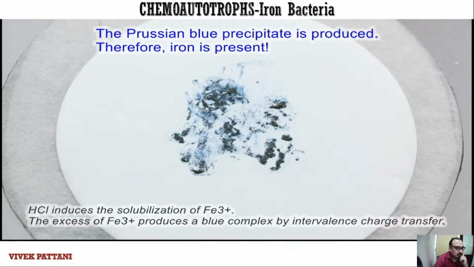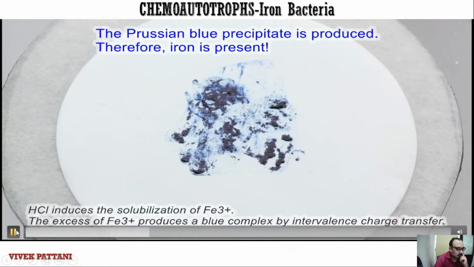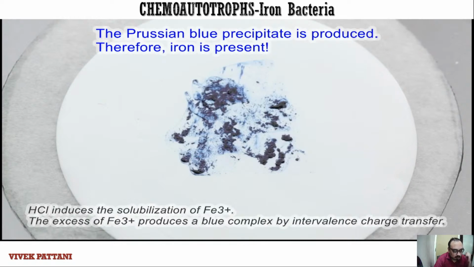The Prussian blue precipitate is produced, and therefore iron is present. How? HCl induces the solubilization of Fe3+, and the Fe3+ which is present in excess produces a blue colored complex by intervalence charge transfer. This is basically a Prussian blue precipitate. If you want to do it in the laboratory, you can; you just need to find the iron bacteria, the flocculation.